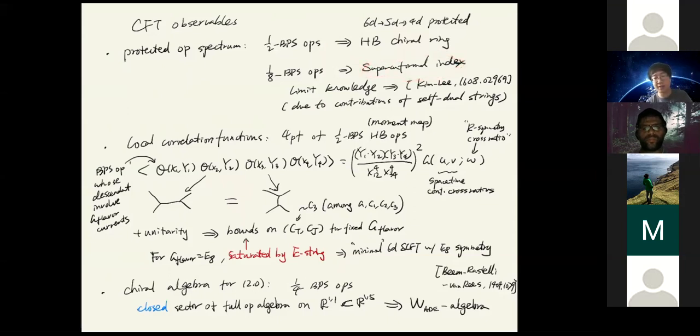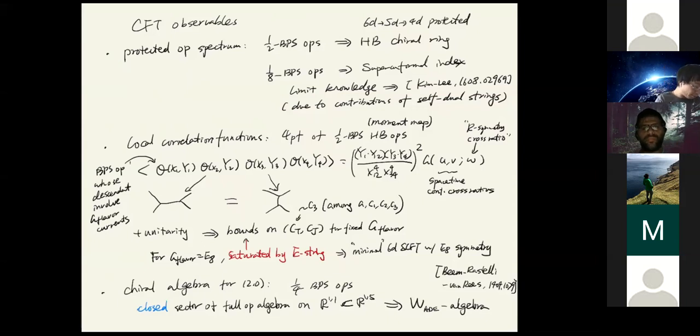That's because the tensor branch theory is simple, but the superconformal index receives non-trivial contributions from the self-dual strings on the tensor branch. And so far, there has been only limited information about the self-dual string contributions, as revealed in this paper. And there's some recent development for specific theories like E-string theory.